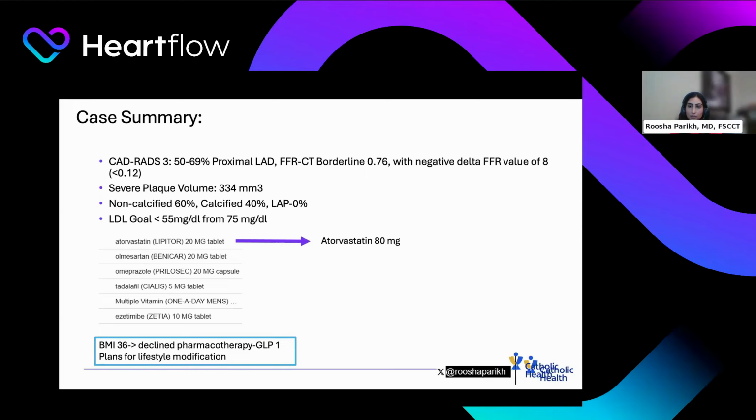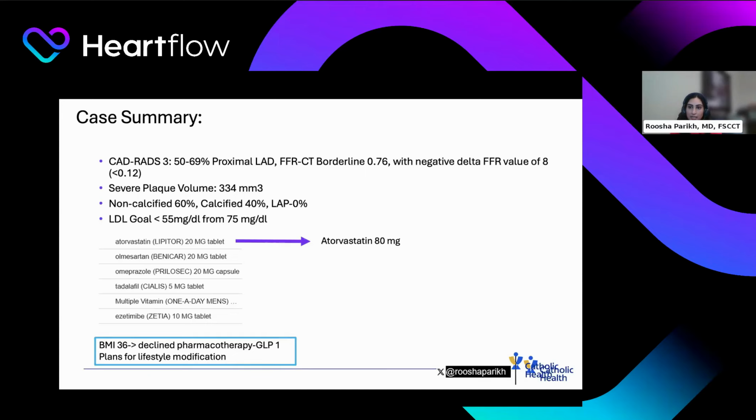So LDL goal for this patient was less than 55 milligram per deciliter from his value of 75. So the first change that happened was the patient was started on atorvastatin, increased from 20 to 80 milligrams.